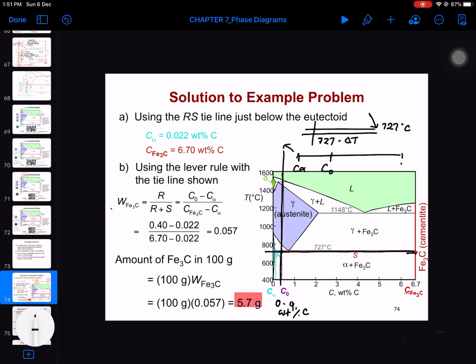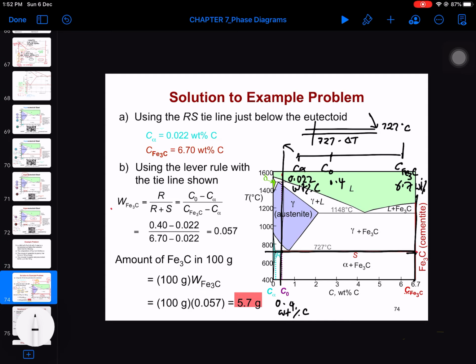Here is the composition for cementite, because it reaches the line of the intermetallic compound at 6.7. C alpha is very close to the solubility limit, so we just take the value of 0.022 weight percent carbon. We have 0.4 here, and C cementite is at 6.7 weight percent carbon.